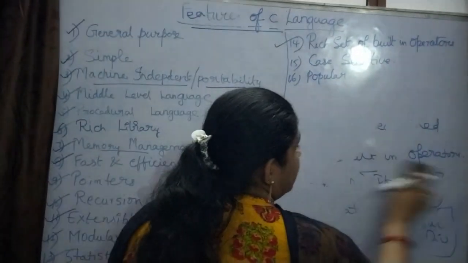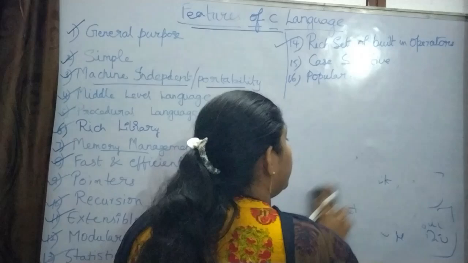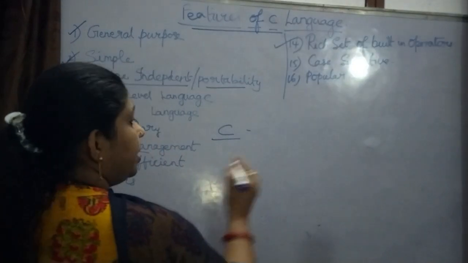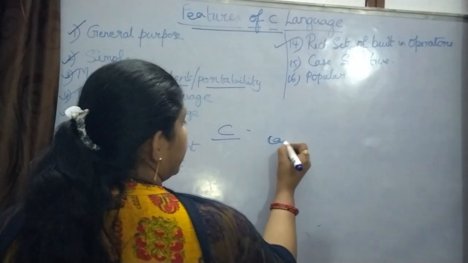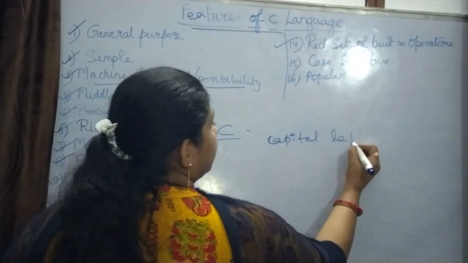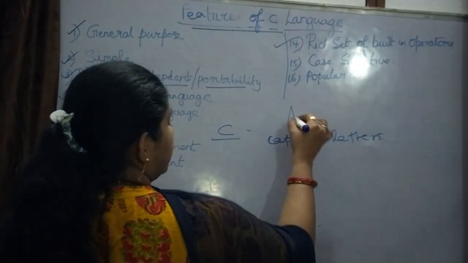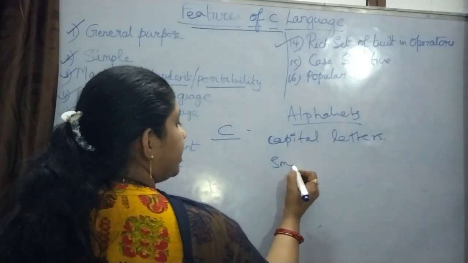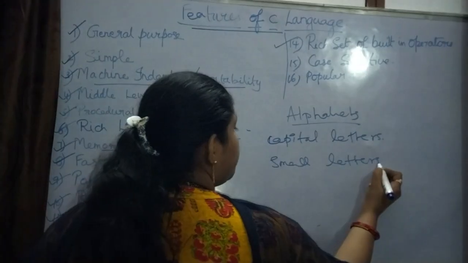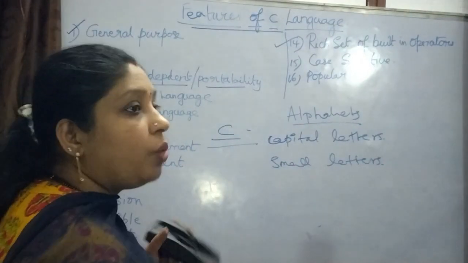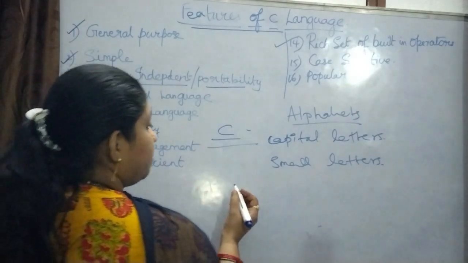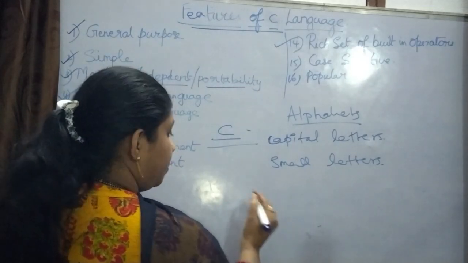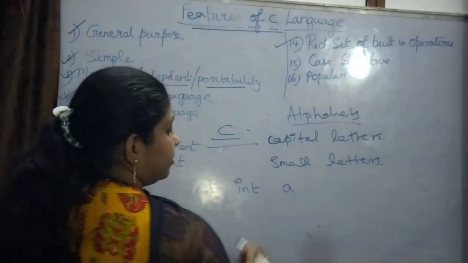Next is case sensitive. What is case sensitive? That means there are small and capital letters, alphabets I'm talking about. Why it is called case sensitive is, suppose in your C program you are declaring the data type int and A as the variable.